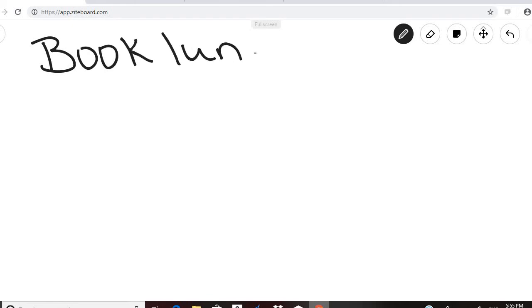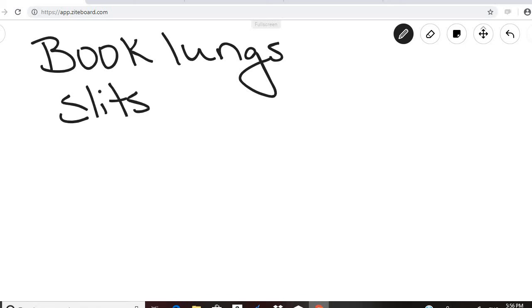Then we already mentioned these book lungs that a spider has. So there are slits in the abdomen, and the air enters through these slits in the abdomen.